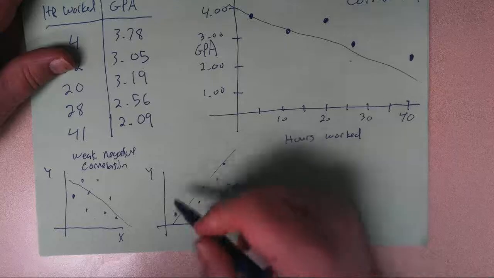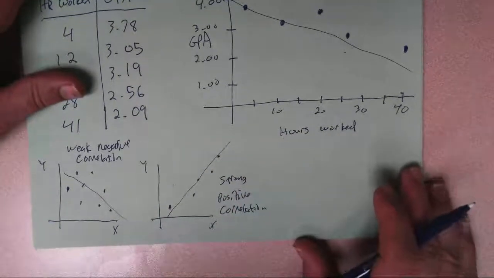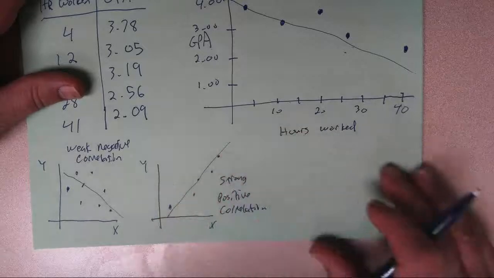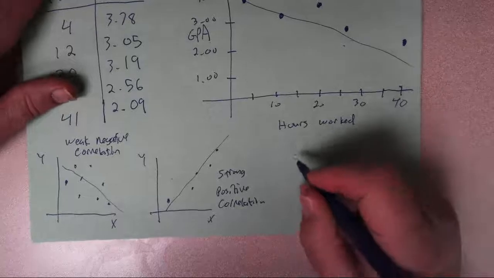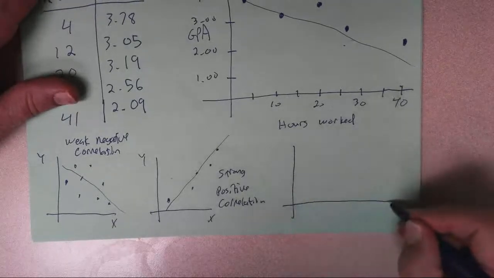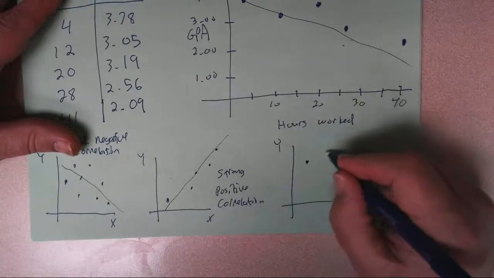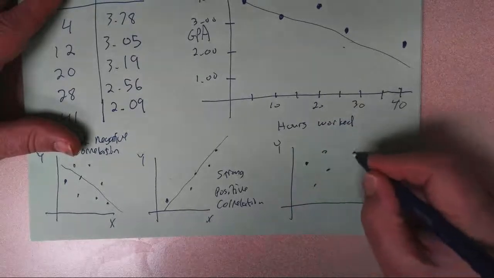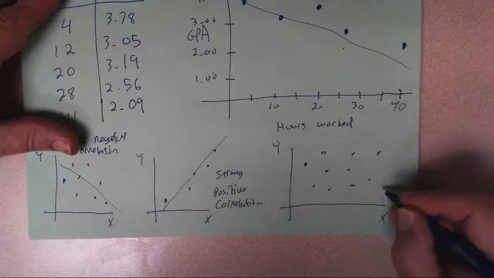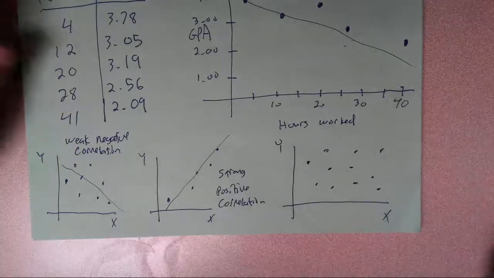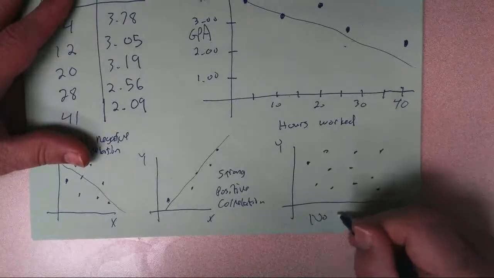If these were spread out more and they didn't lie on a line, then it would be a weak positive correlation. And then you could have a situation where if I were to ask you if it were positive or negative, you wouldn't necessarily know. So maybe something like this. It's kind of scattered out. In this case, we would say that there's no correlation.